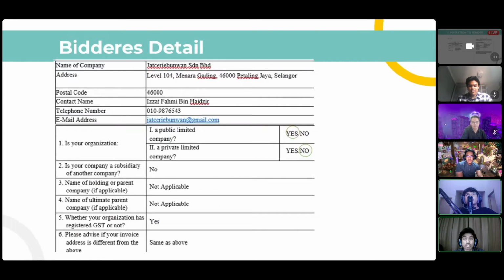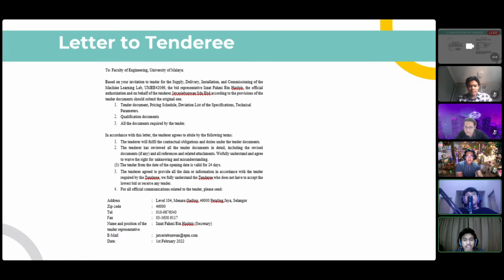Other than that, we also agreed to provide all the data and information in accordance with the tender requirement. Together with this letter, we also come with our company detail, but we will go into more detail about our company at the next slide.